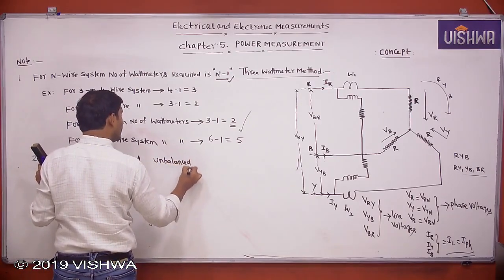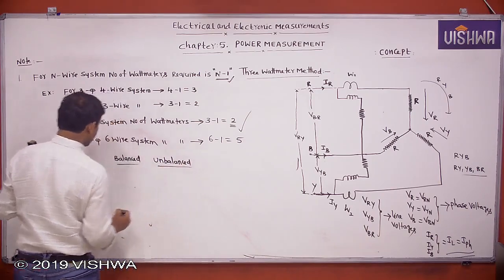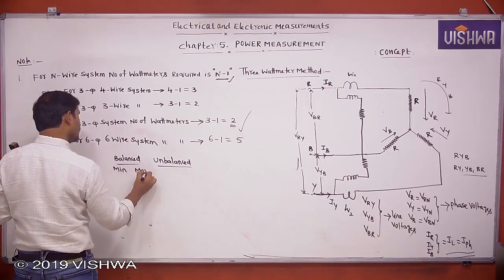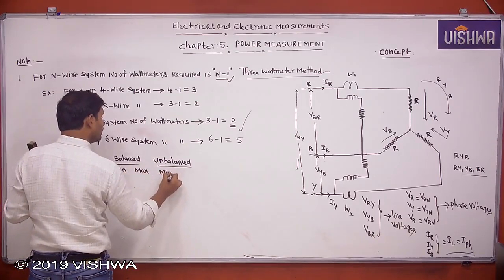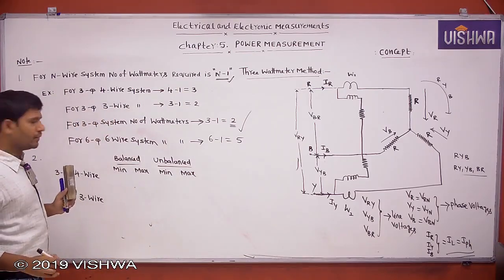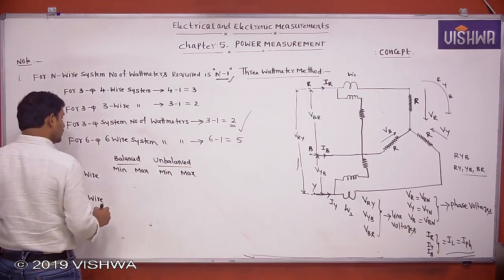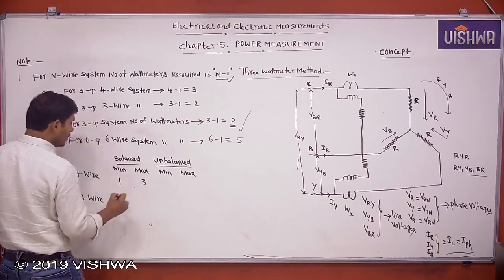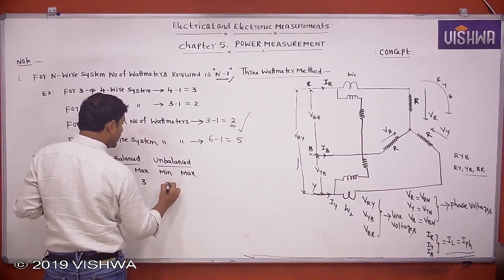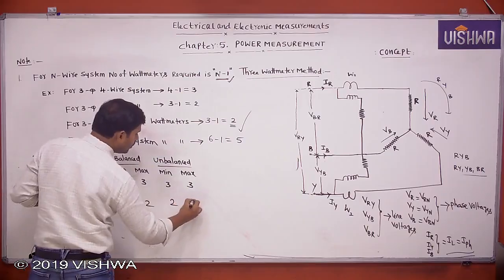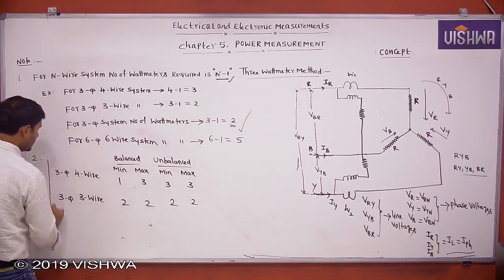How to select the number of wattmeters, minimum and maximum? For 3-phase 4-wire balanced system, the maximum is 3. Here for unbalanced, minimum is 3, maximum is also 3. Here 2, 2, 2, 2. This is the selection of wattmeters.